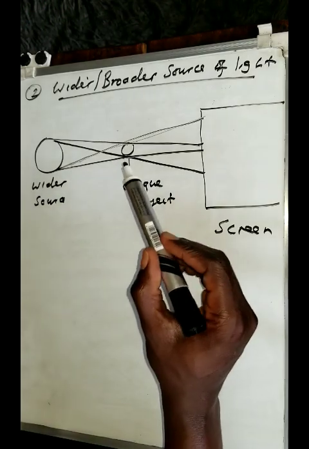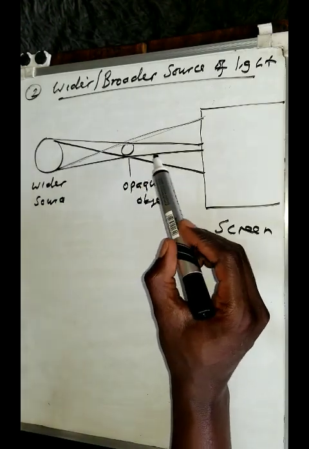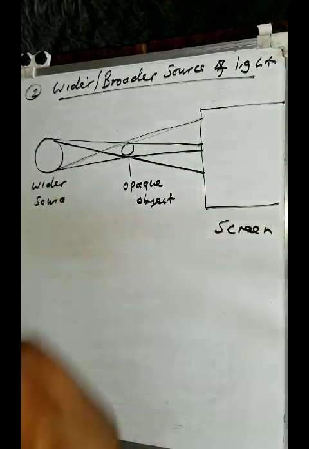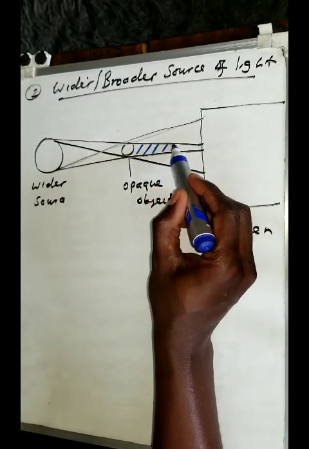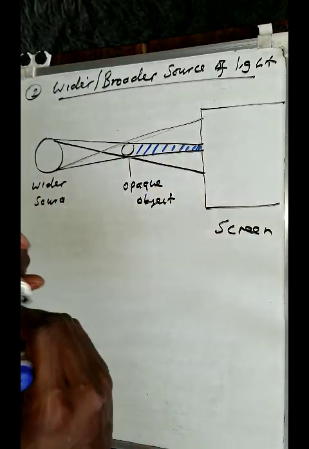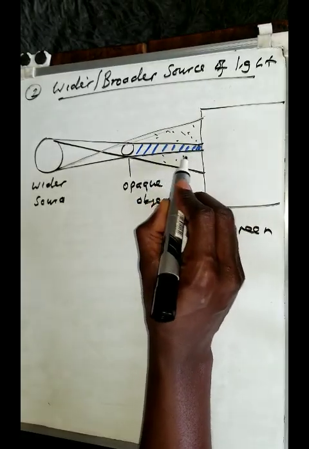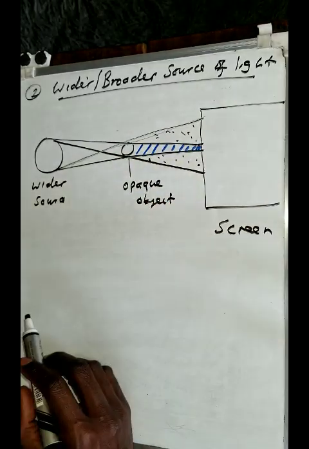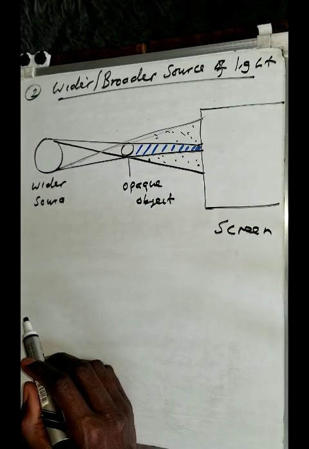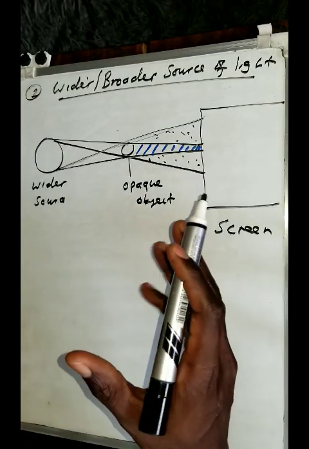Now you can see that this region, which I'm going to shade in blue, has no light falling on it. The region that I'm dotting in that direction will have some light, but also some darkness.